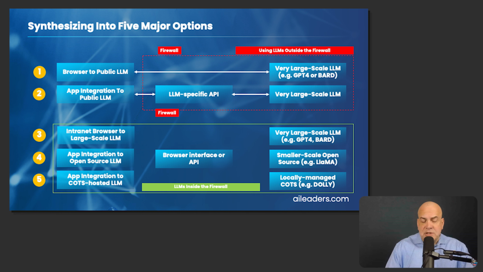Now, two other options here, just to stitch together the factors that we identified and try to simplify them into 5 categories. Do app integration, but using an open source LLM. So that could be in a wide variety of functional areas. It could be customer service oriented, contact center oriented activities, help desk, internal to your company, human capital, etc. But you're taking an open source LLM, you're instancing it inside the firewall, training it on your data, and then you're integrating it to your applications, whatever the target function is.